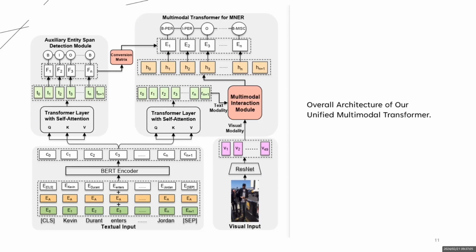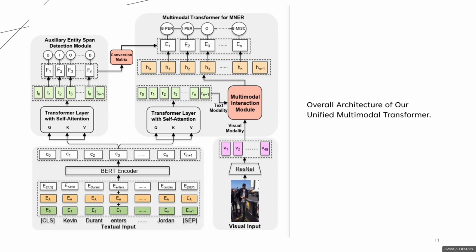To make the model focus on highlighted entity spans in images, an auxiliary task called ESD is added. This task, part of the main MNER setup, gives MNER predictions using text-based ESD. The BERT encoded output is processed by another transformer layer to create the specific hidden representation, then passed to CRF layers, as ESD and MNER are related.